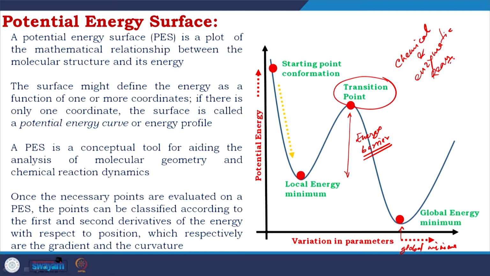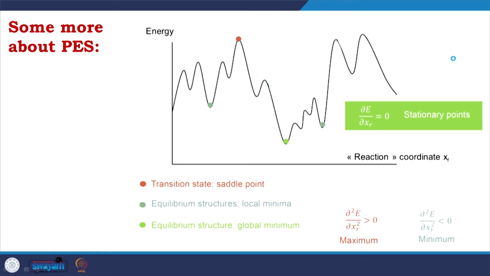Identification of the transition state is a very critical thing in the field of drug designing, in the field of understanding a reaction and its further proceedings. I had shown you a very simple potential energy surface. It could be much more complicated, and in the case of protein, it is funnel-like, which we have already discussed.